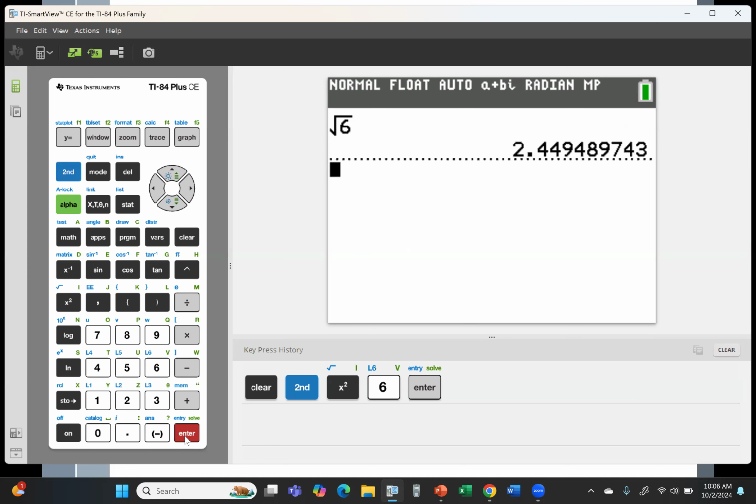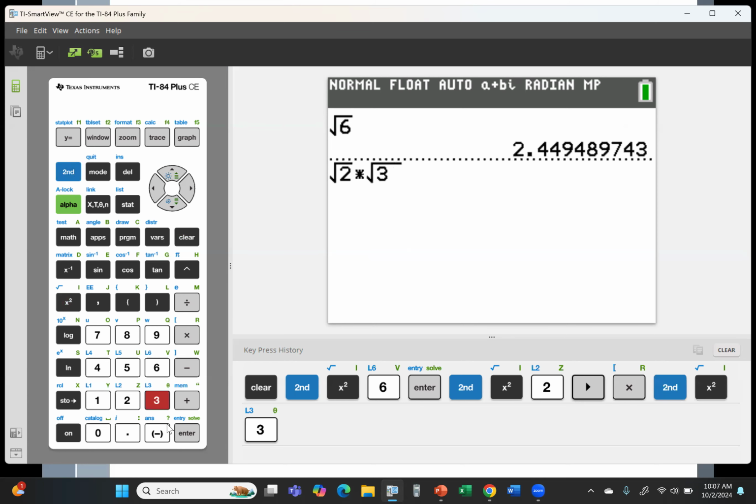The square root of 6 is 2.449489743. And it is a decimal approximation because this is an irrational number. So if I take the square root of a number that's not a perfect square, that's going to be irrational. Now, what's the square root of 2 times the square root of 3?